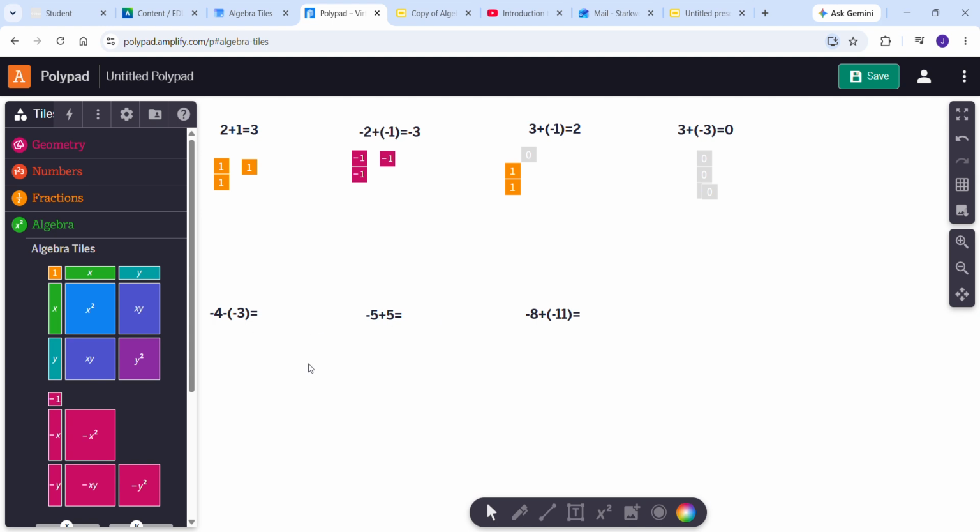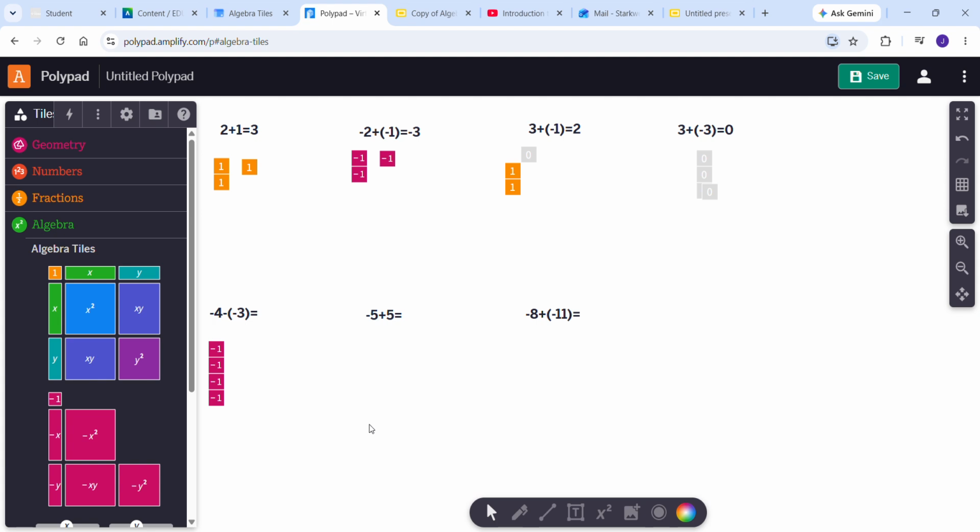All right, so now we're going to move on to some subtraction. They get a little bit more difficult. So we're going to take a -4 minus a -3. We're going to start with a -4 here, okay? We have -4.